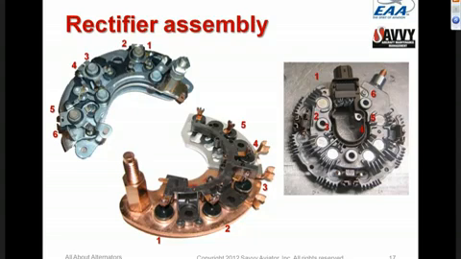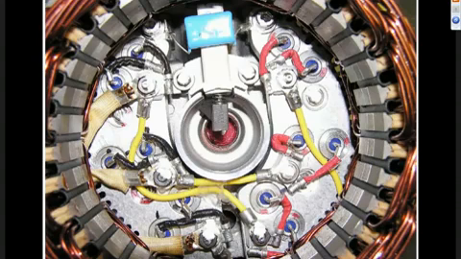Here's a picture inside of an aircraft alternator with the rotor removed, and you can see the stator windings out at the outer edge of the photograph. And you can see the diodes that represent the rectifier assembly. And you can see the brush assembly with the 2 brushes that are just sort of dangling out there.